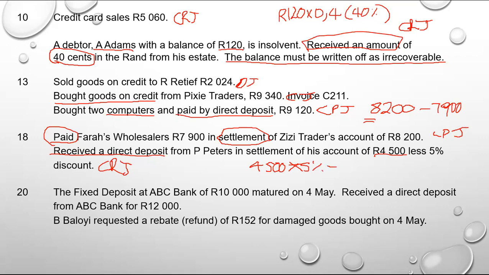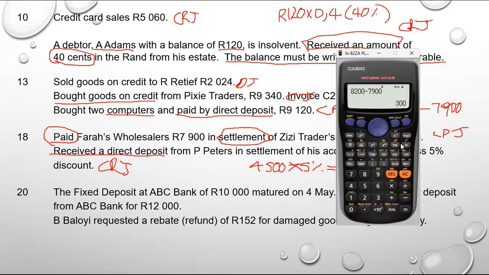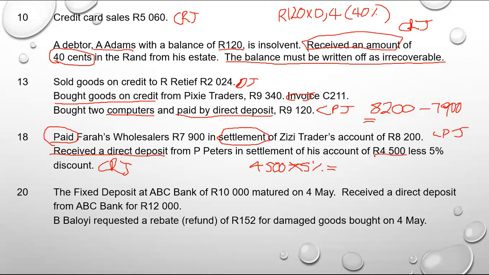How much do we get as the discount amount? You take 4,500, multiply by 5%, and it gives you 225. So that is the discount we gave this person.